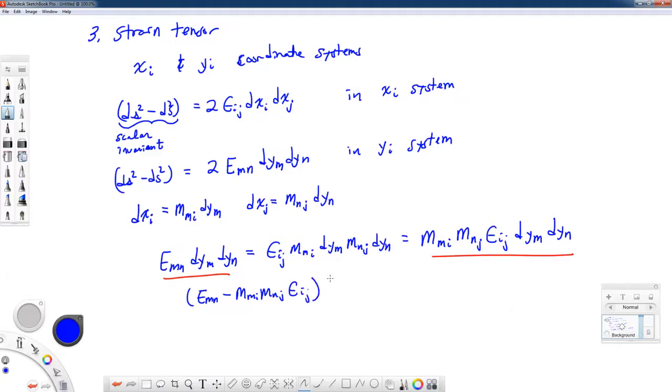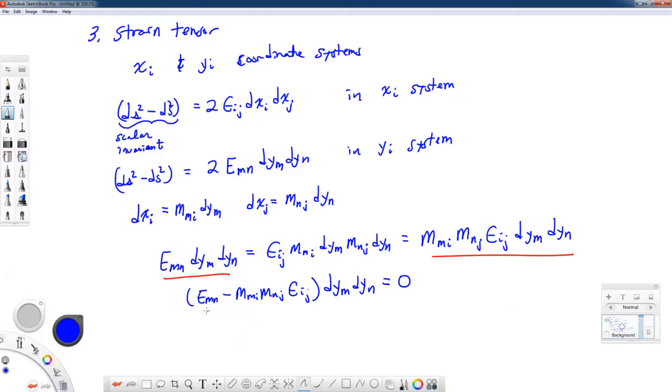And collect the common terms outside of the bracket. And that would be equal to 0. Now neither one of these can be the 0 vector, so that leaves this to be 0 inside the parentheses.